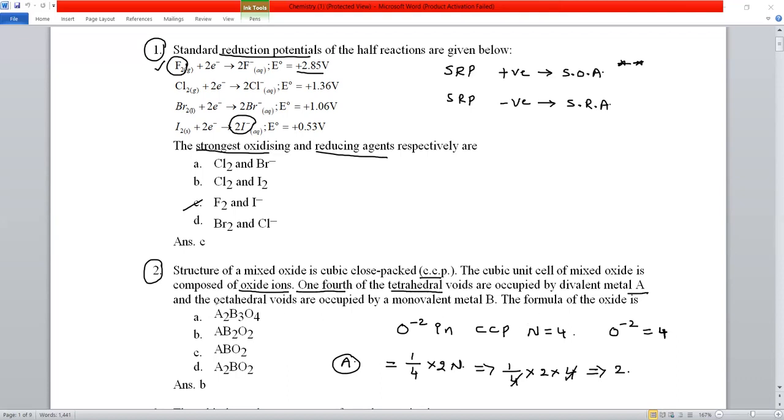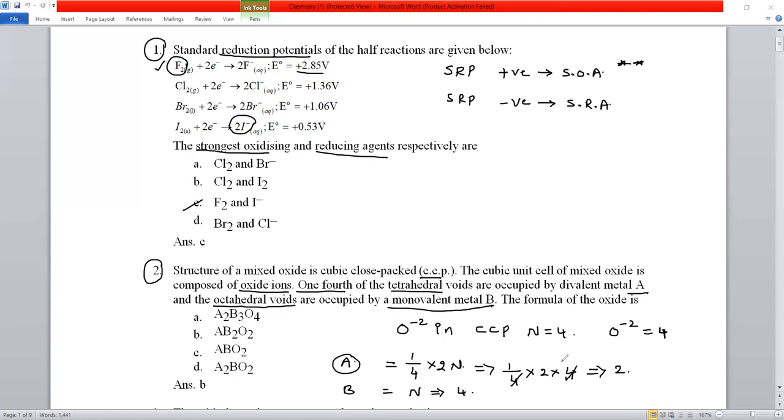Next, the octahedral voids are occupied by monovalent metal B. The number of octahedral voids is N, and N equals 4, so B is 4.